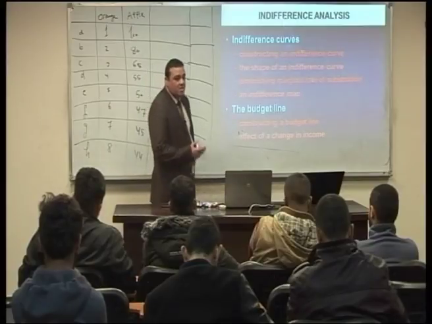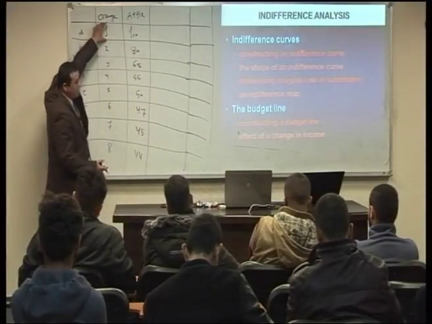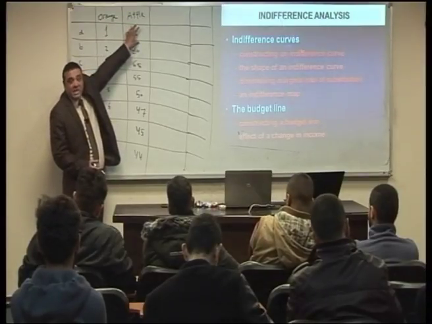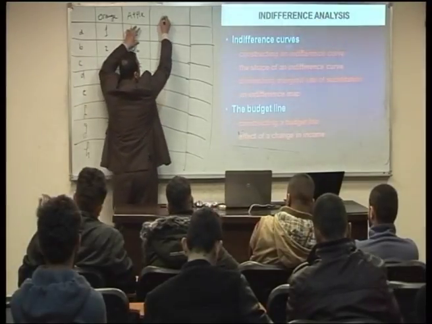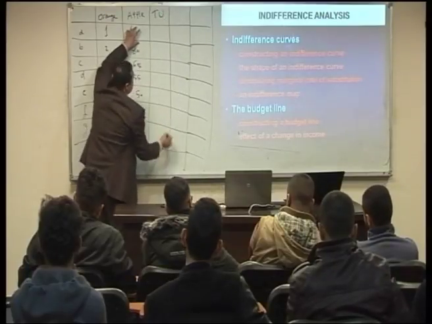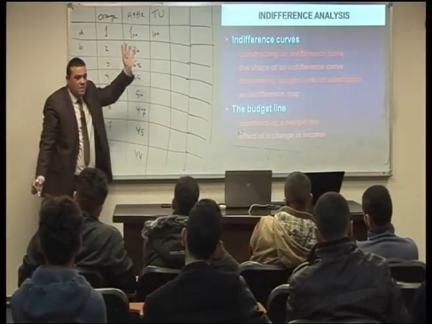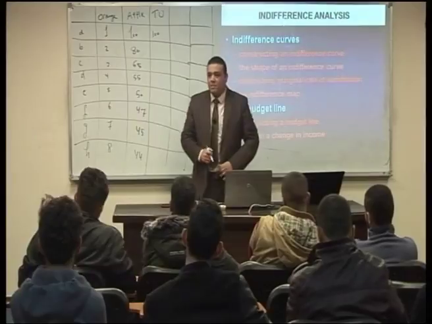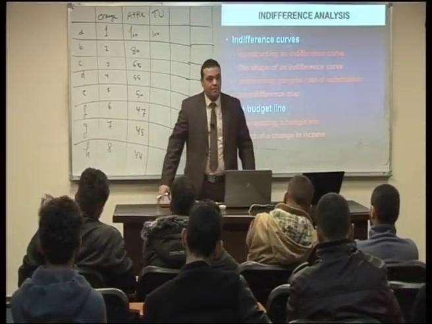Let us assume that this consumer consumes 1 orange and 100 apples, and this combination gives him a total utility of 100 units. According to our assumption, the total utility is measurable.